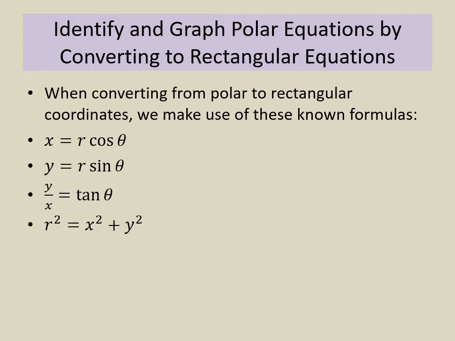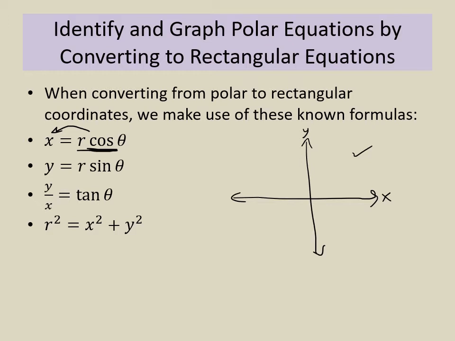We are already familiar with rectangular. That's what we're comfortable with, so we're going to graph things on our familiar XY coordinate system by converting the polar equations into XY. So we're going to take all the r's and the thetas, convert them into x's and y's, and then graph it. So that's our first objective.